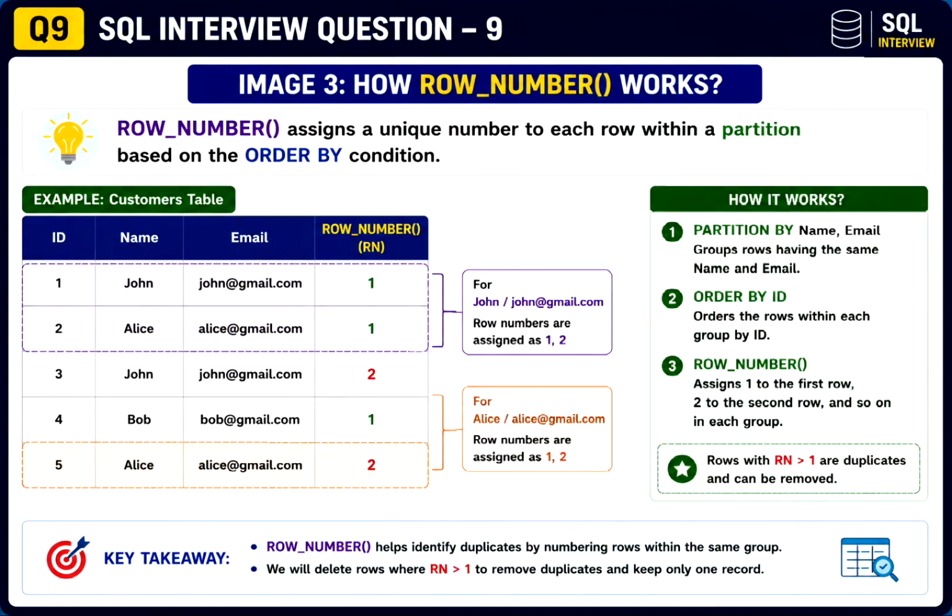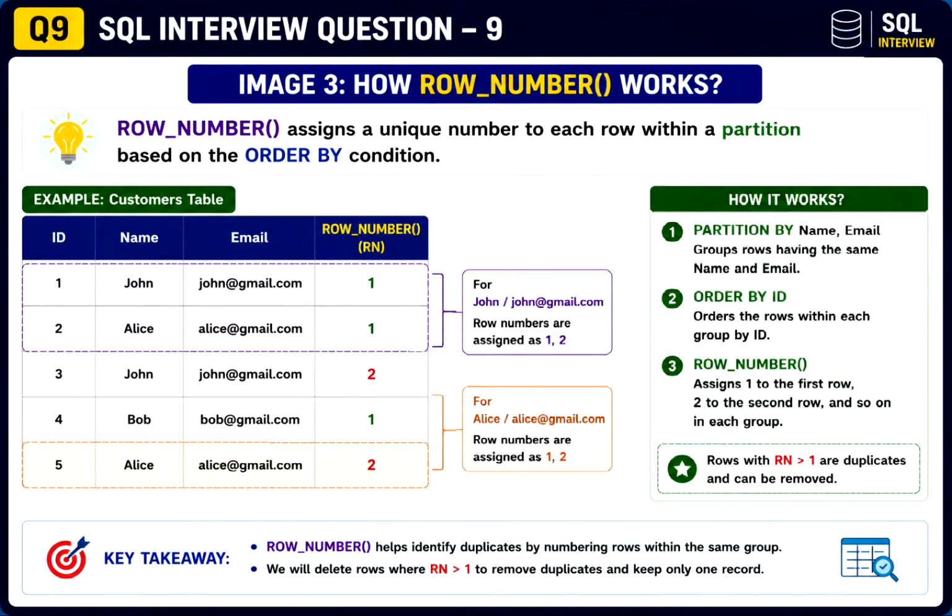The first row gets row number 1, the second row gets row number 2, and Lee is the same. The original record is the one where row number equals 1. Row number greater than 1 represents a duplicate record, right?